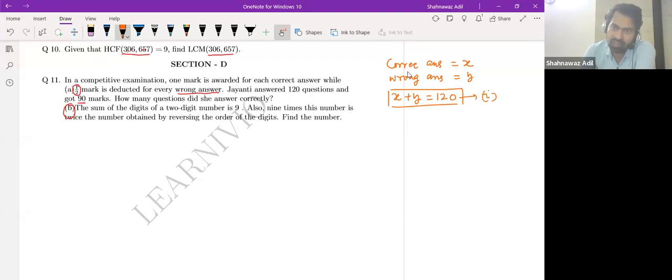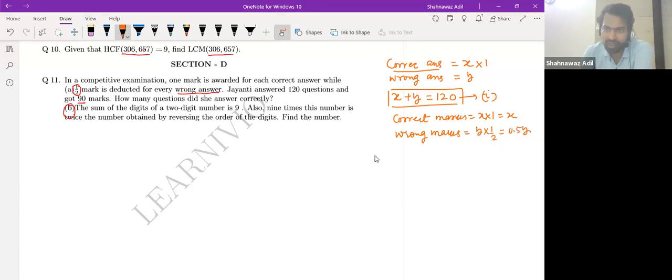For a correct answer, only one mark is given, so the correct marks are X into 1, which is X. And for wrong answers, marks are deducted, which was half. So the total deducted marks would be Y into half, so this is 0.5Y. So the marks that Jayanti got would be the correct marks minus the deducted marks, so X minus 0.5Y, which is 9. These would be the two equations.